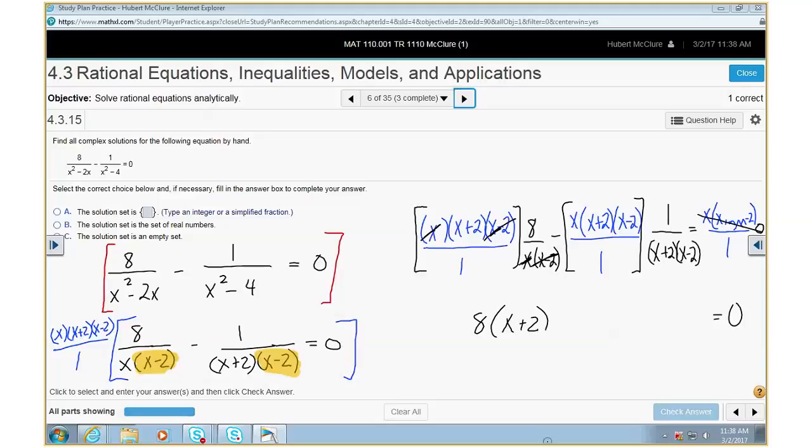What cancels here? And what's left? Minus x is equal to 0. And now you've got a free algebra problem. Finish it out. And what do we always need to do on these type problems? Check it. You have to, because you have a denominator and you can't have 0 in the denominator.